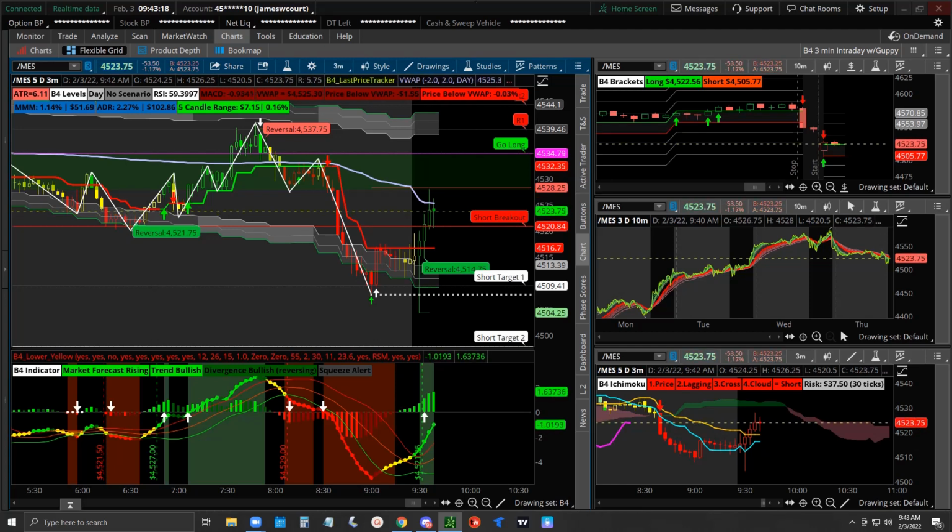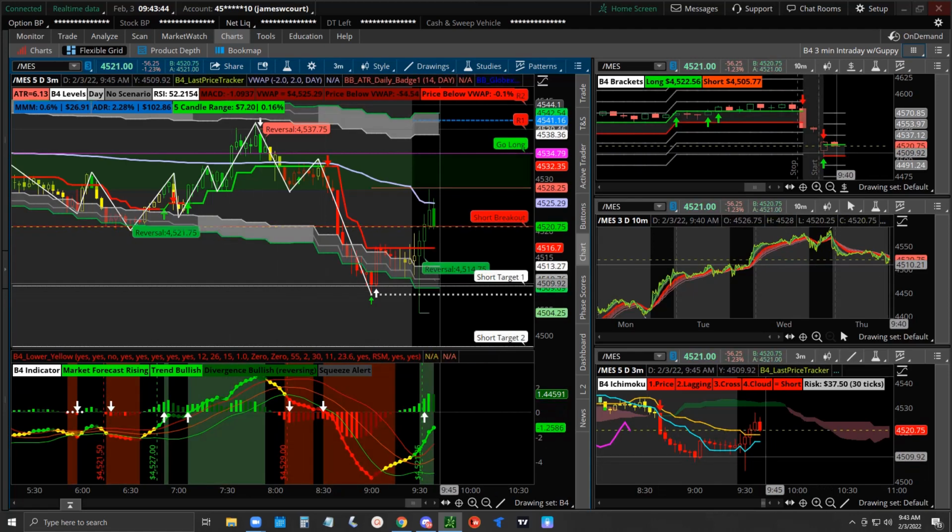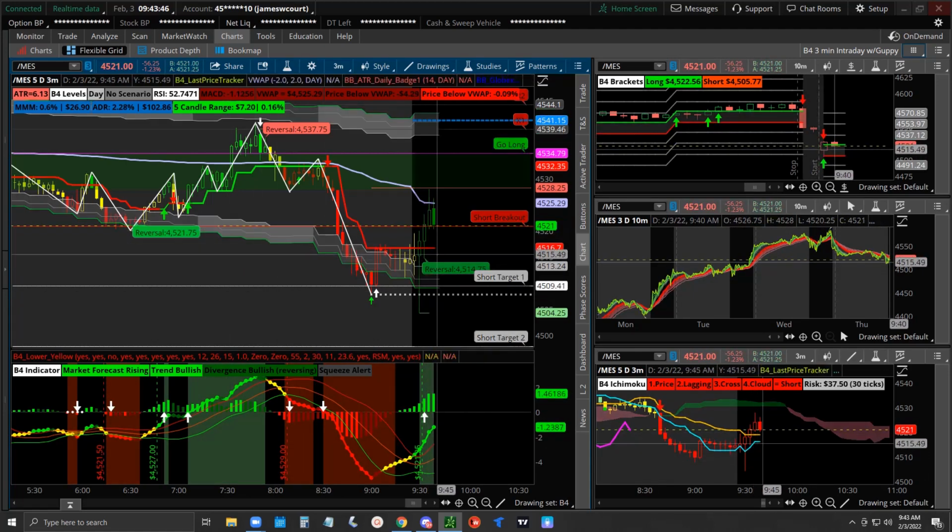So if that's your stop, and if you entered at the close right here, basically this is what you're looking to do. This is where you're trying to get to the average price of this 20 bar range. So you're risking this much. If you entered right here, you're risking that much.